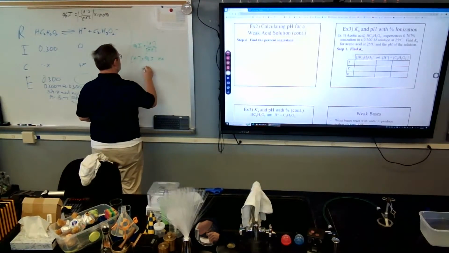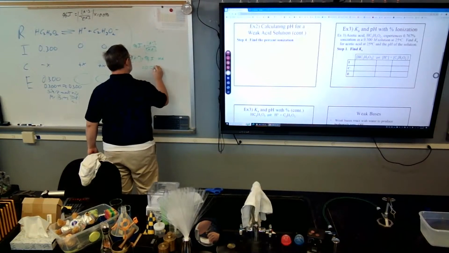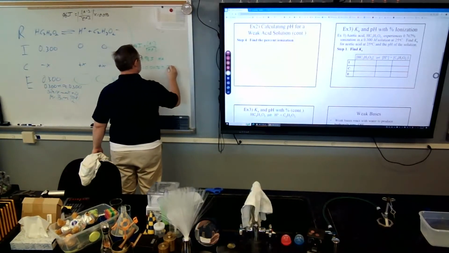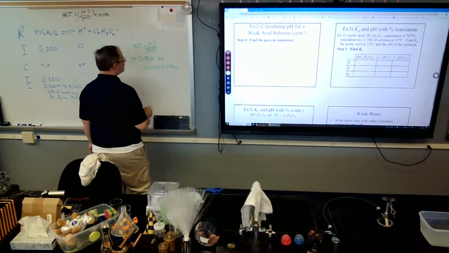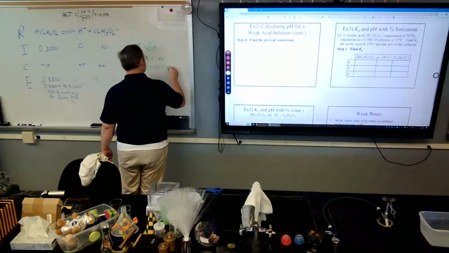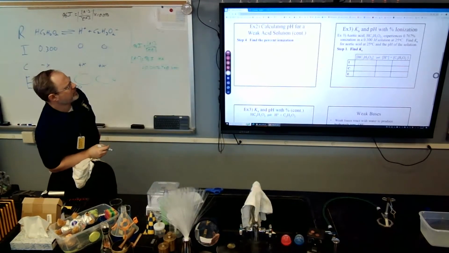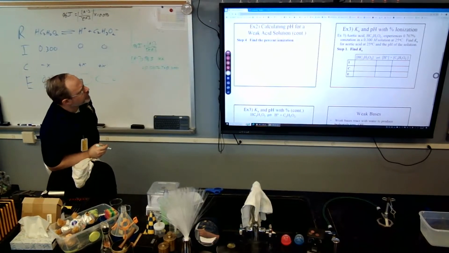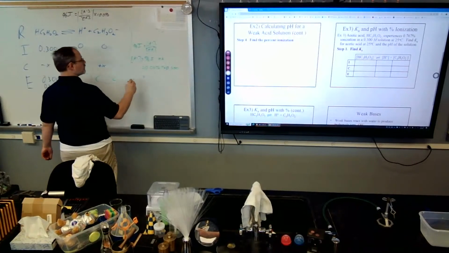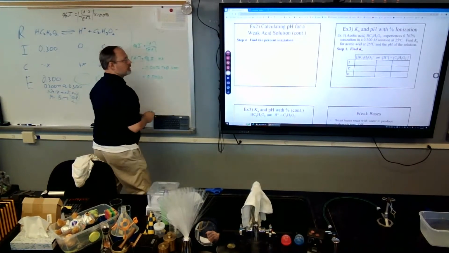So this is going to be 0.0067 times the HA, which is 0.300. Acid base numbers are teeny tiny. That should be 0.0023.